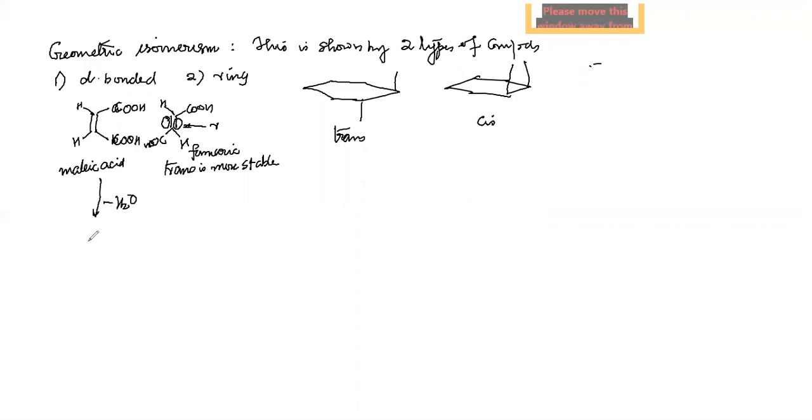At about 50 degrees Celsius, it will remove a molecule of water and will form maleic anhydride. See here, that means one H from here and one OH from here combined and form maleic anhydride.